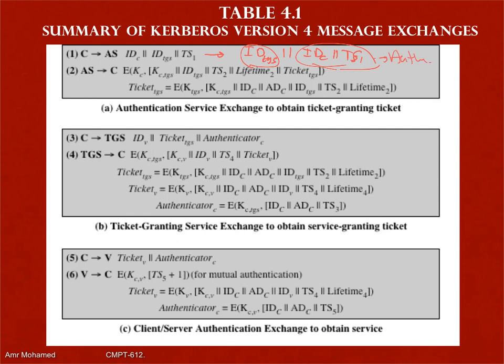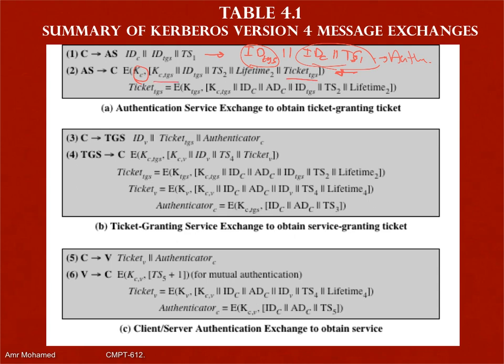Only in the first step, I'm sending my authenticator as clear text. It only contains the ID. And I get the response, which contains a message encrypted using KC, which is based on my password. And this message contains the ticket and a session key.